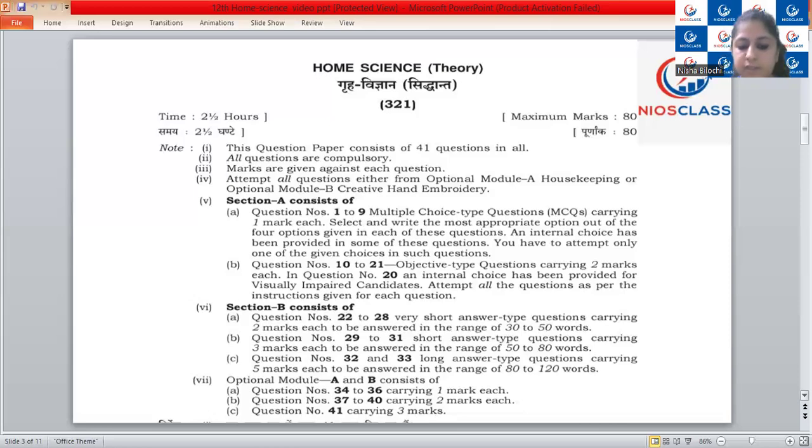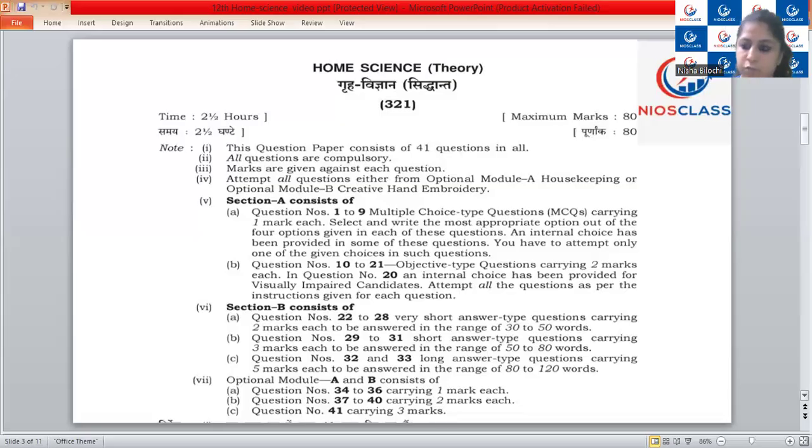From question number 32 to 33, there will be long answer questions. In most of these questions, you will also get an option: either you can go with option A or option B. When we talk about the optional module, from question number 34 to 41, you can choose questions according to your interest and the module you are comfortable with. The maximum marks is 80.